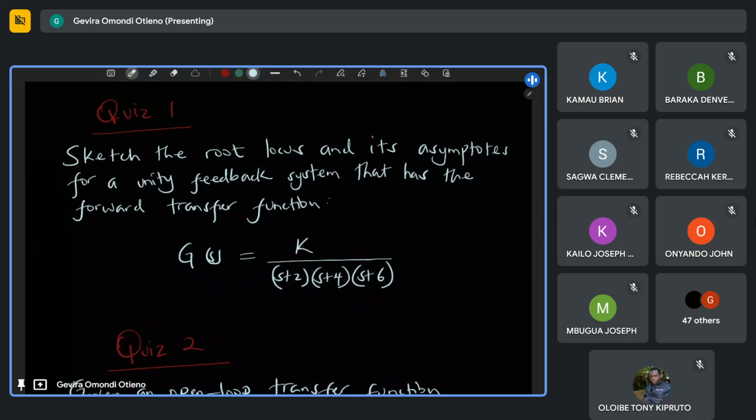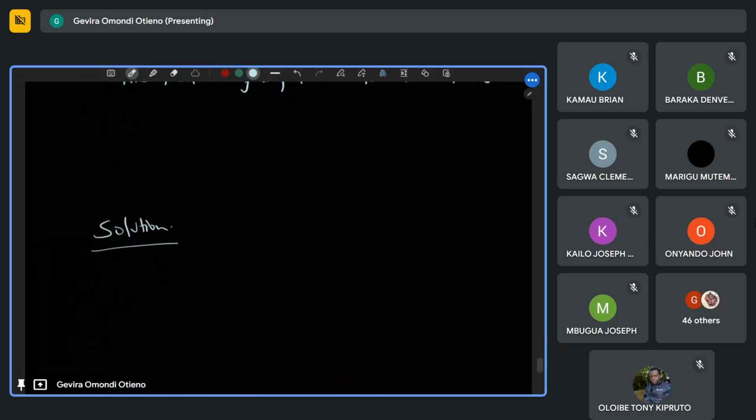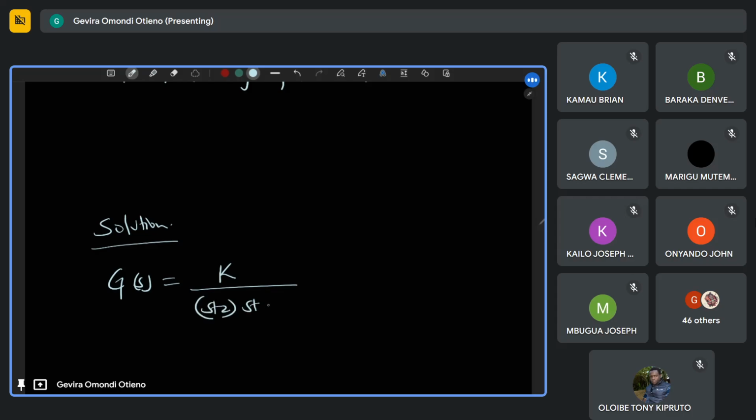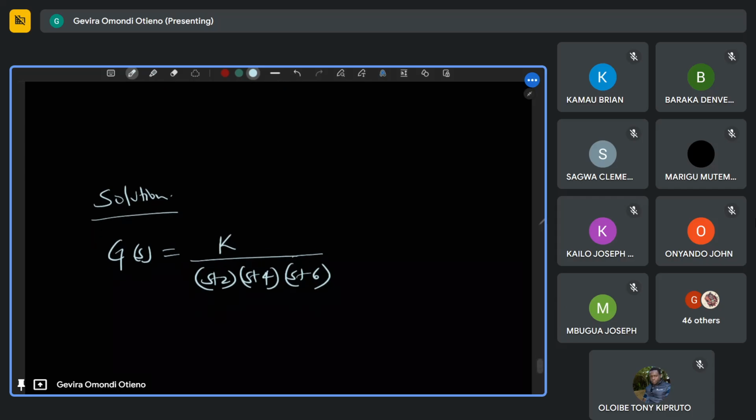So in our case, we have G of S given by K over S plus 2, S plus 4, and S plus 6. So here, the first thing is just to identify the poles and zeros, okay?